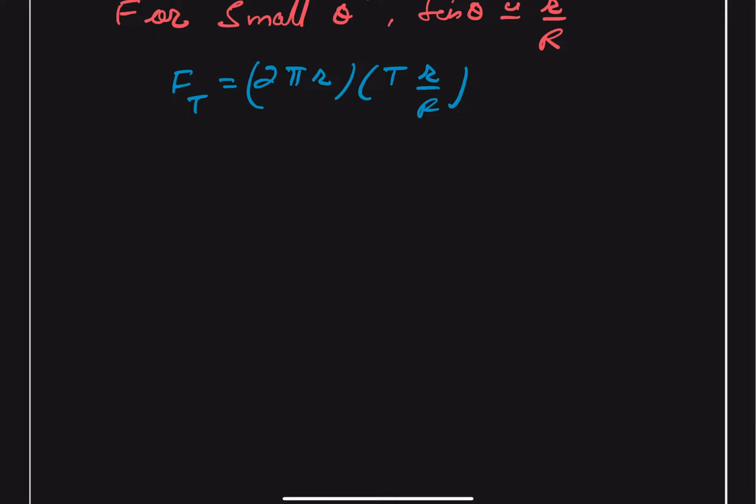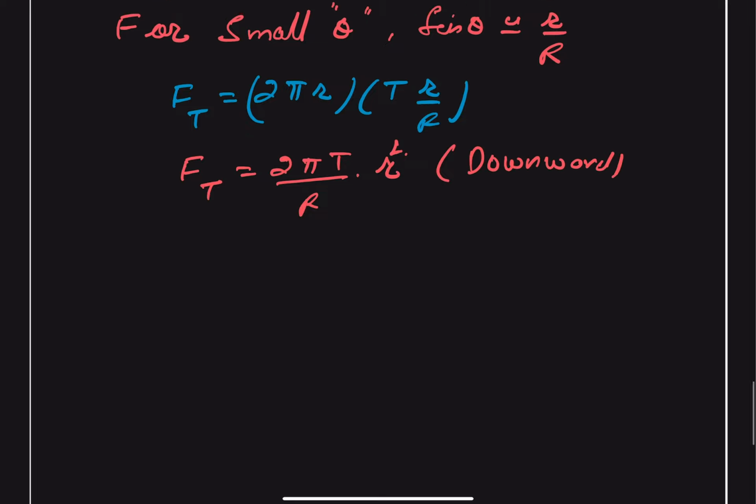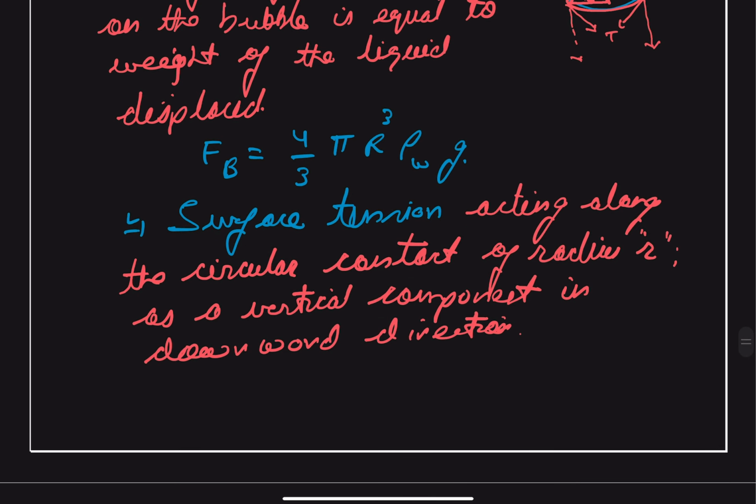So we get our Ft will be equal to 2 pi T divided by capital R, and this becomes small r square. So we got the surface tension force, and this will be acting downward. And the buoyant force will be acting upward.